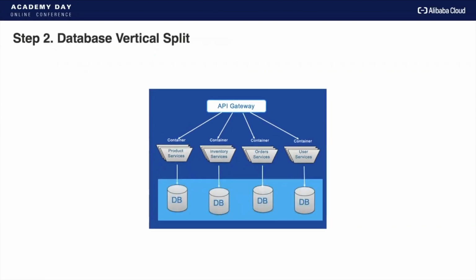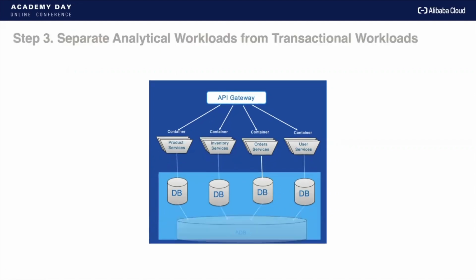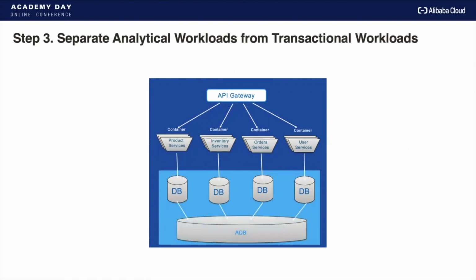The next recommendation was to split your databases, because when you scale the processes separately, you might need a different database configuration. Maybe the orders database needs to be much bigger than the database that stores the user information. So it's a vertical split between the databases. As a next step, it was also recommended to split your transactional workloads and your analytical workloads.